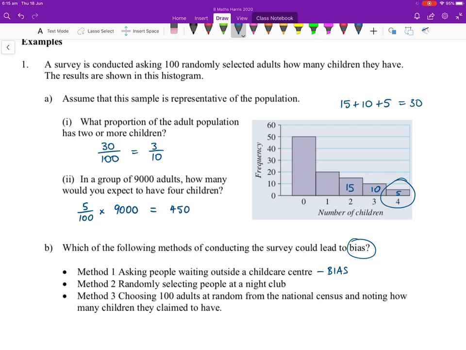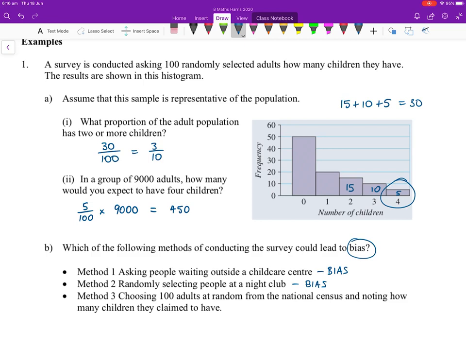Method 2, what if you were asking adults how many children they have at a nightclub? Well, that would be bias as well because if they're at a nightclub, they're quite possibly young adults and they quite possibly don't have children. So that could be a biased group as well. So method 1, you're asking a group of people who probably do have children. Method 2, you're asking a group of people who probably don't have children.